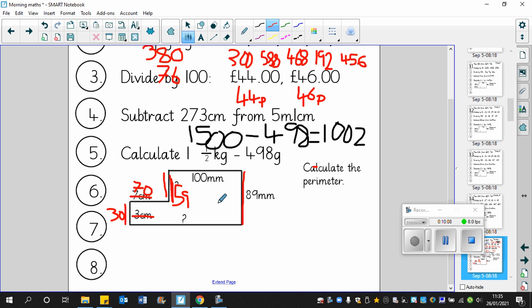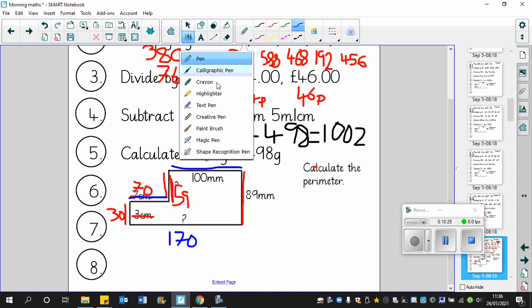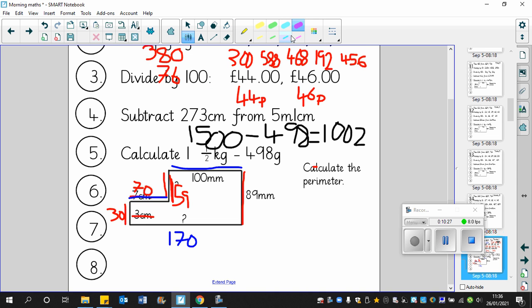Now this one along here, what do we know? Well, we know that 70 goes across there, and we know that 100 goes across there, so this is going to be 170.